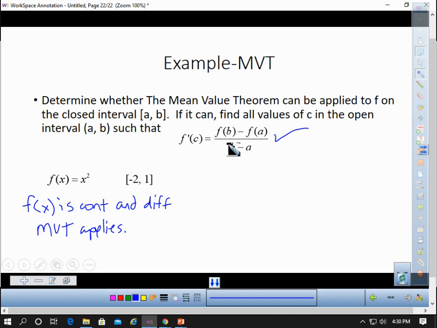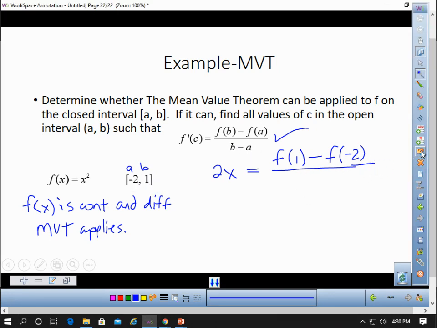Now what this says is my derivative, so the derivative of this function, which would be 2x, is going to be equal to f of b minus f of a over b minus a. This is a and b here. So that would be f of 1 minus f of a, and f of a is f of negative 2, divided by b minus a, so 1 minus negative 2.